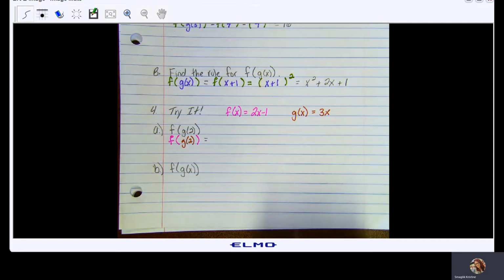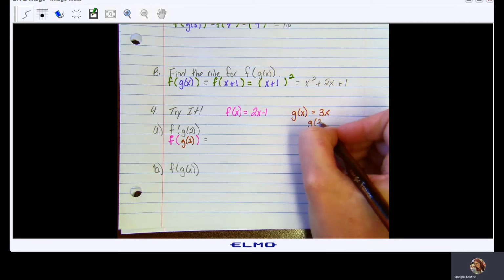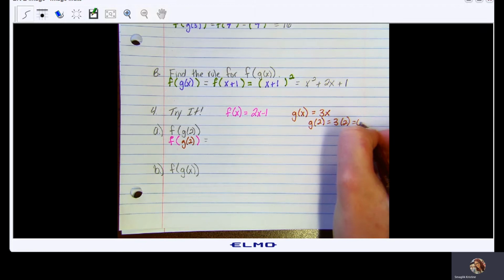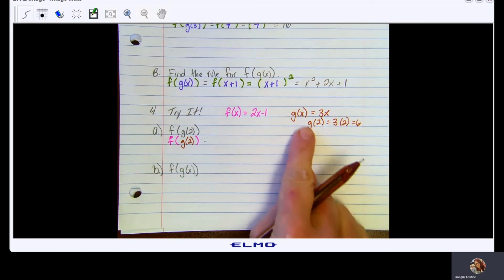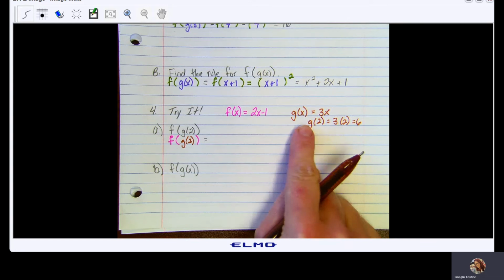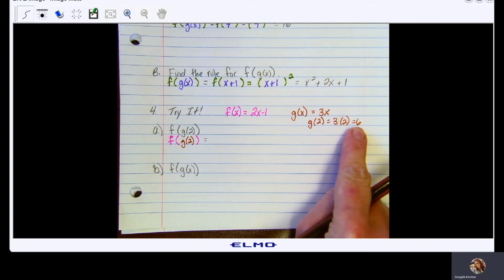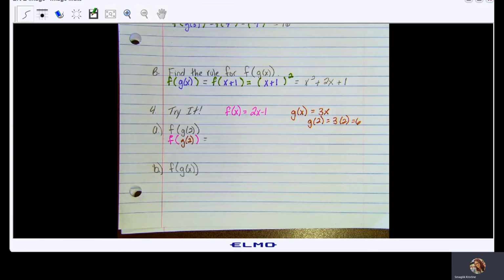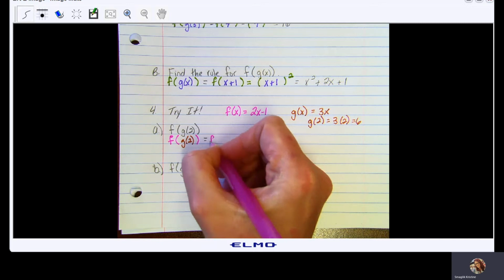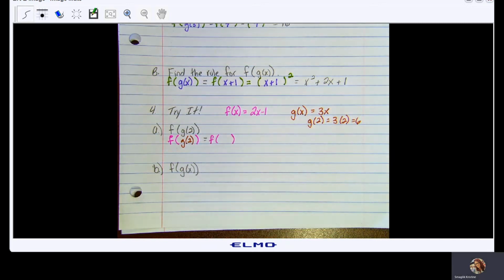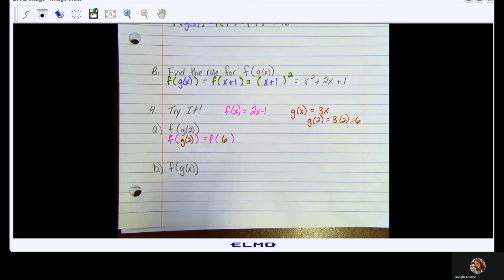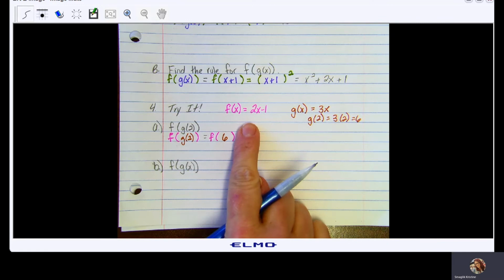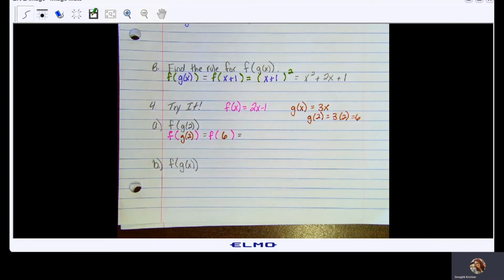Let's determine what g of 2 is. So it's 3 times whatever 2 is, which is 6. So again, my input on g of x was 2, my output is 6, and now my output of 6 becomes the input for the function f. So now I have f of 6. f of x is 2x minus 1.